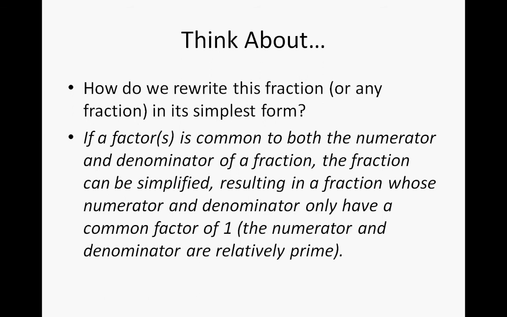So a fraction can be simplified, resulting in a numerator and denominator only having a common factor of 1, and the numerator and denominator are relatively prime. And the reason why they say relatively is 4/5. Well, 4 is not a prime number, 5 is, but there are no other common factors between 4 and 5.